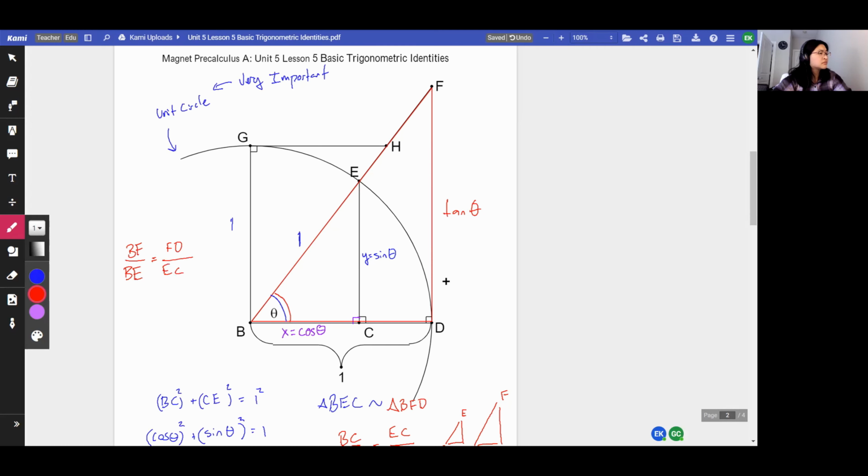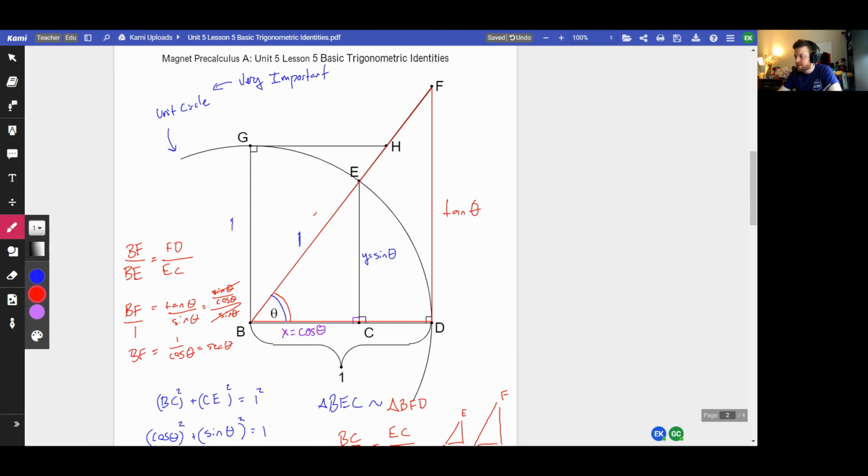Cool. Right, BF is what we want. And BE is 1. FD is tangent. And EC is sine. What is BF equal to? Tangent over sine, and I'm going to think, what is that? That's sine over cosine divided by sine, which is the same as 1 over cosine, which is secant. We're using identities left and right here.